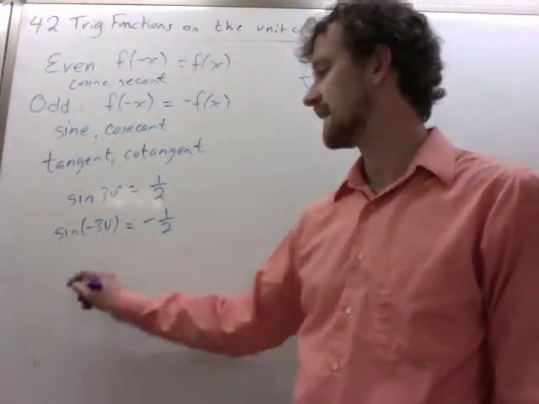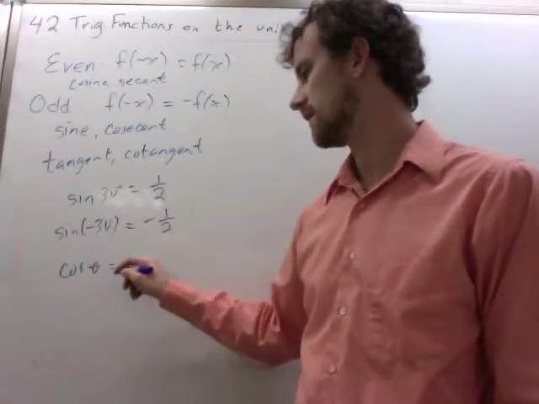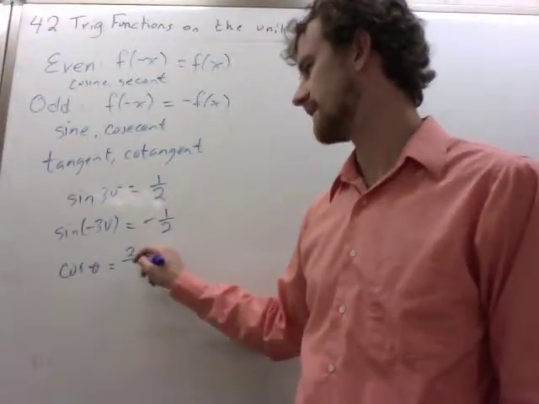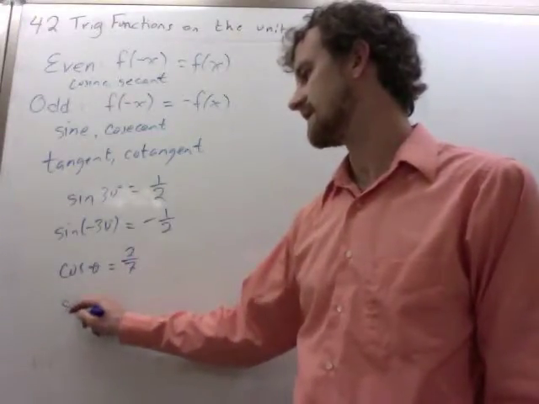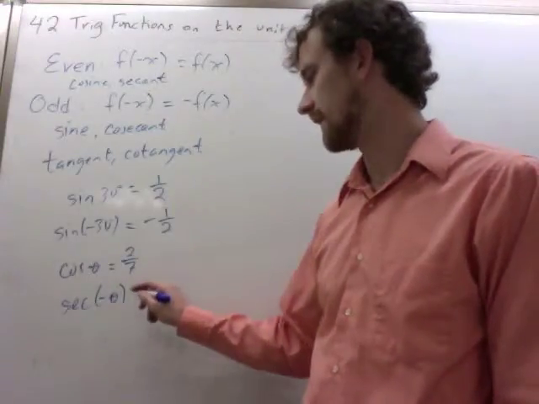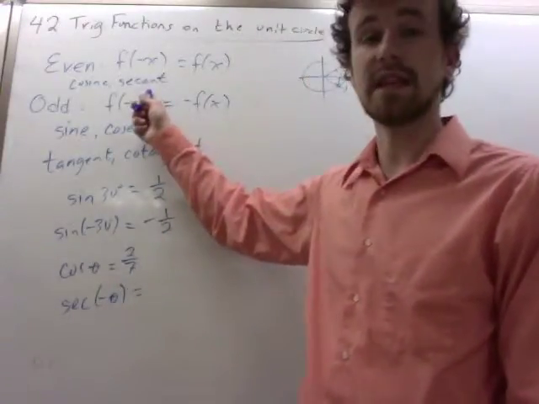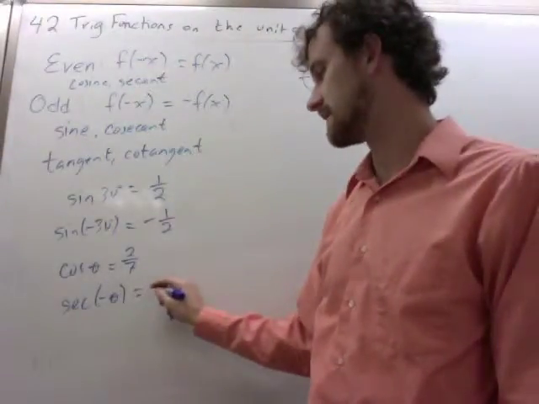If I tell you that the cosine of some angle is 2/7, and I want you to find the secant of the negative angle, we can figure that out. Secant is even. So plugging in the negative value is the same thing as plugging in the positive value.